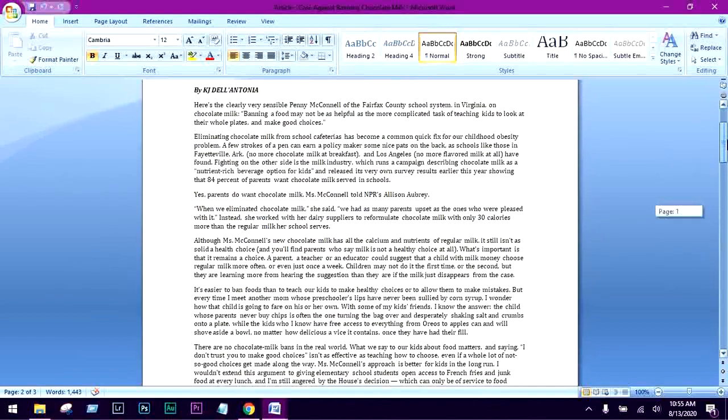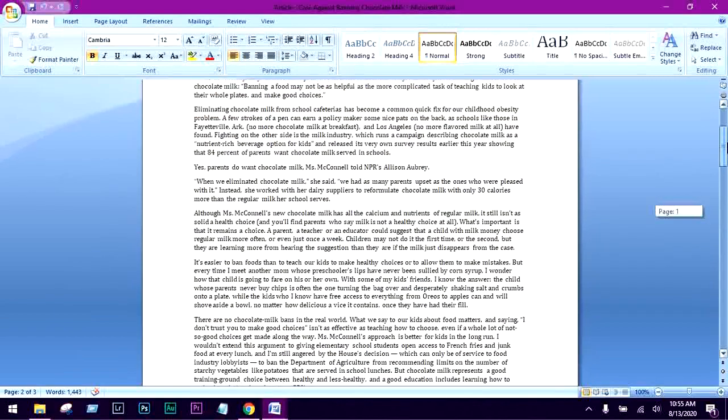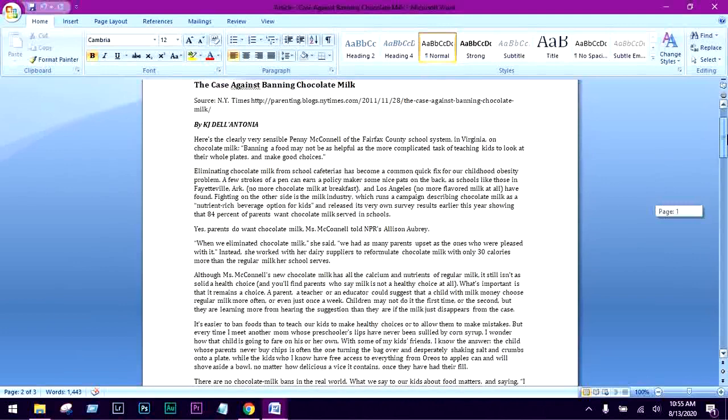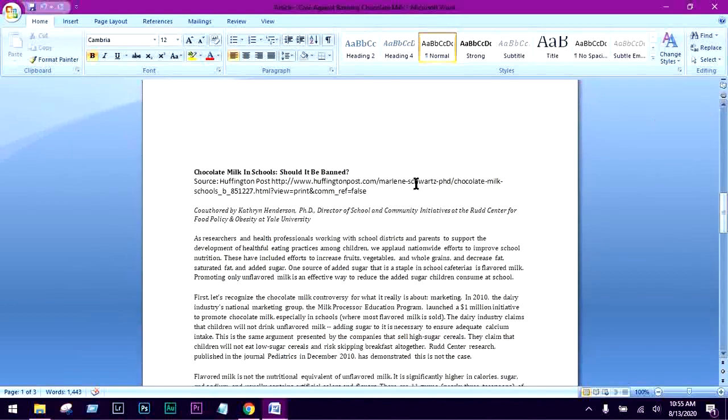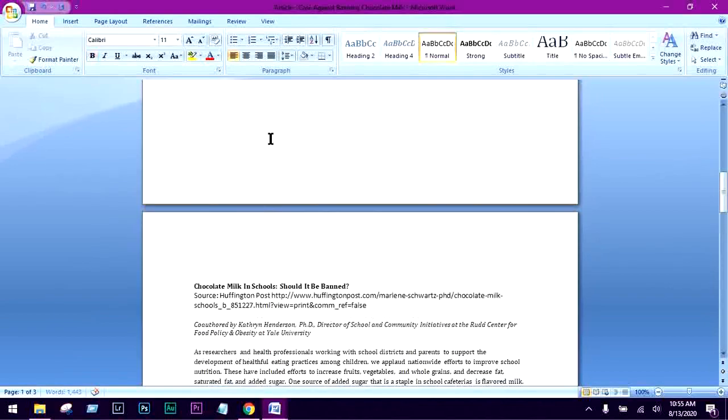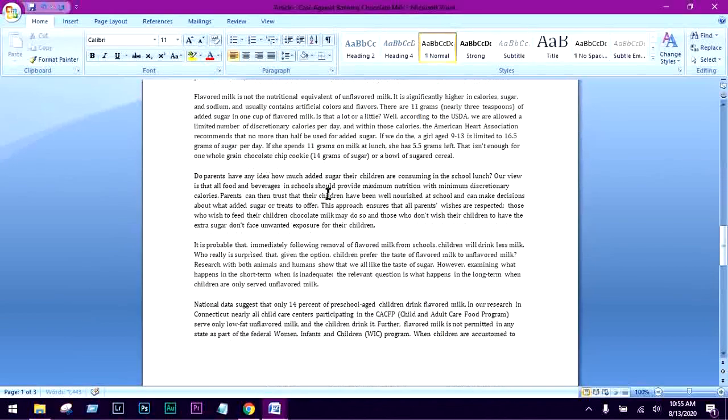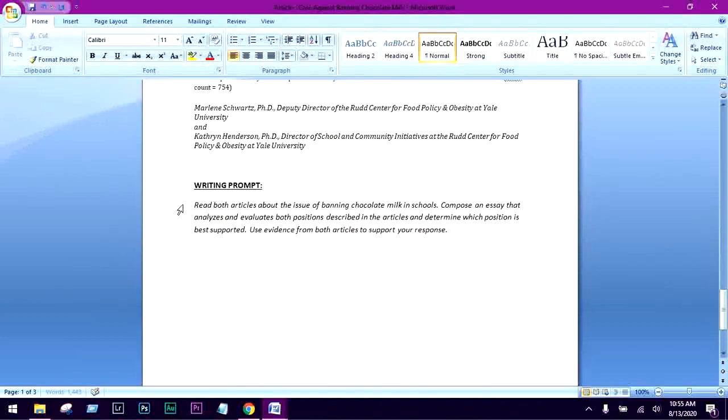Both of these articles are expected to have two opposing views about chocolate milk in schools. So one might oppose banning chocolate milk in schools, while the other might support it or be an advocate about it. But this is the exact prompt.